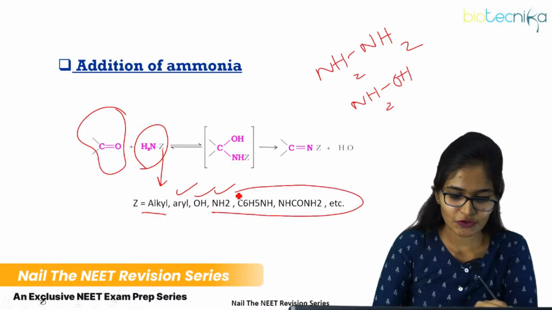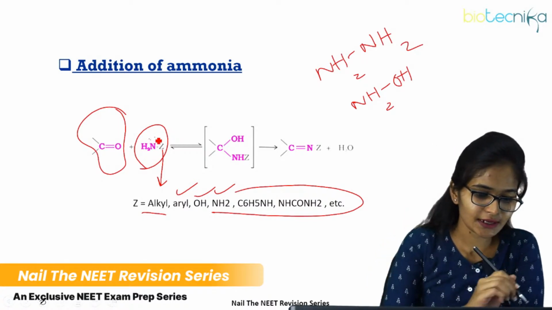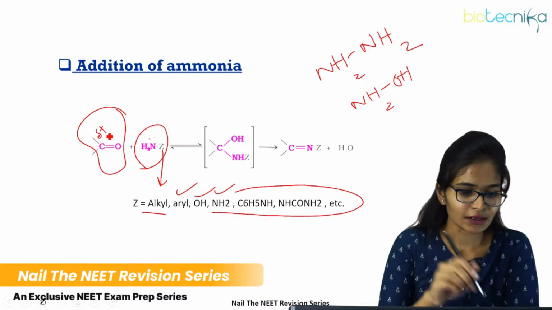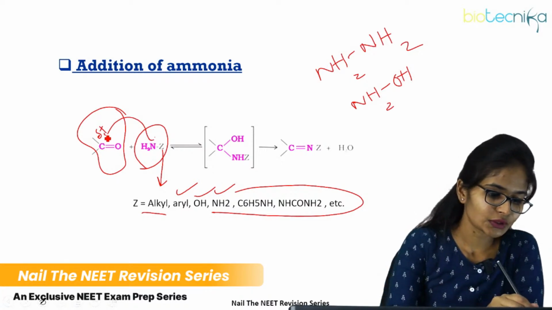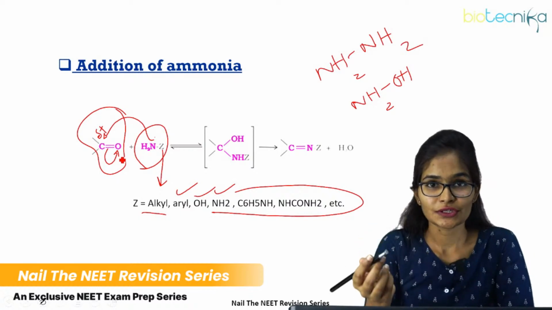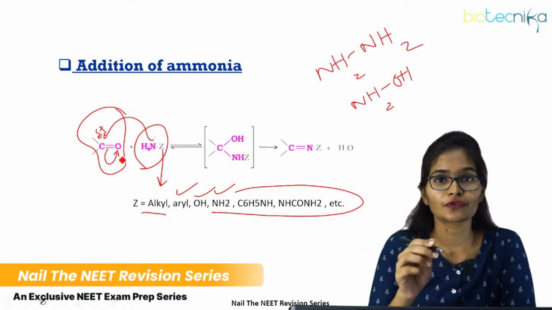Suppose Z is NH2, it will be hydrazine. Suppose you consider NH2OH, it will be hydroxylamine. Upon treatment, the nitrogen, which is electron rich, binds to the electron deficient carbonyl carbon, the electrons shift towards oxygen, and the oxygen is protonated by one of the protons of the nitrogen.